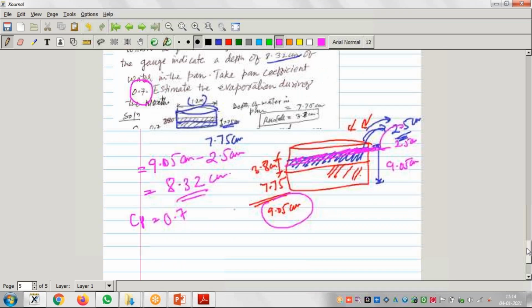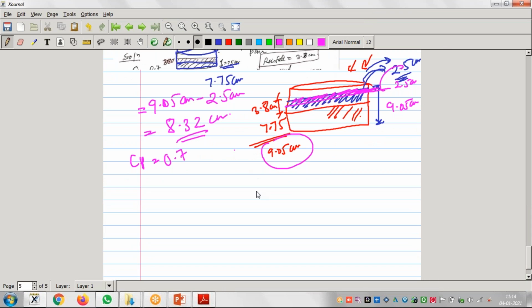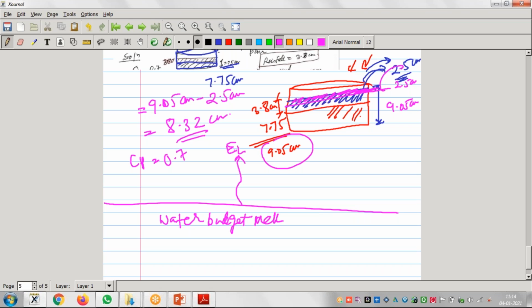Now, estimate the evaporation during the month. So we have to find what would be the evaporation loss, EL. Again, this method is based on the water budget method. And water budget method is what? Inflow minus outflow.